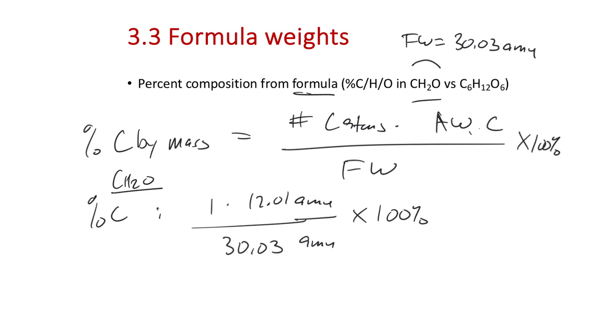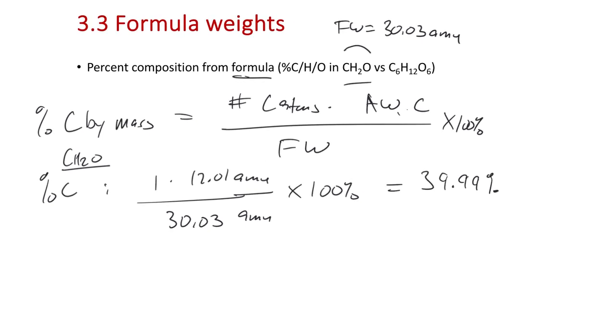So the percent by mass of carbon in CH2O would be 12.01 divided by 30.03. So that's 39.99%. So 39.99% of the mass of that compound would be due to the carbon atoms in the sample.